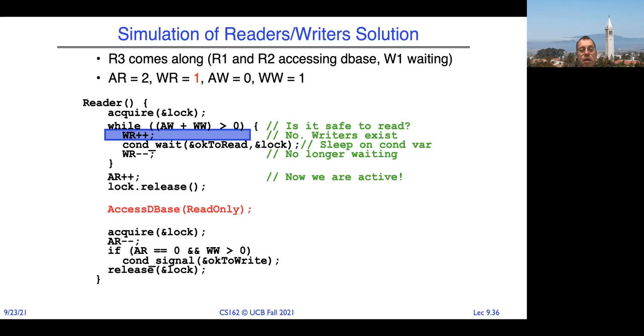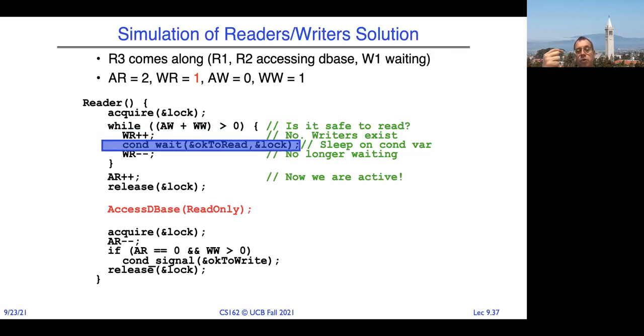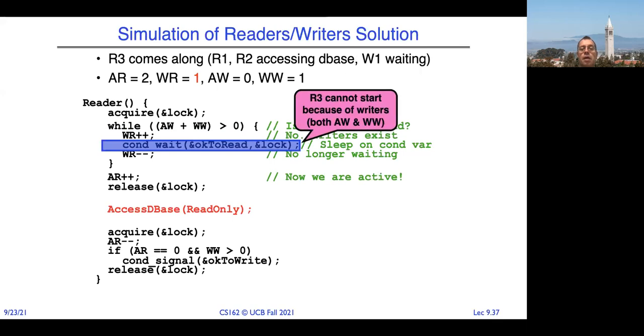You increment the waiting readers by 1, wait on the condition variable OK to read, and release the lock. Any questions here? Is that clear so far?